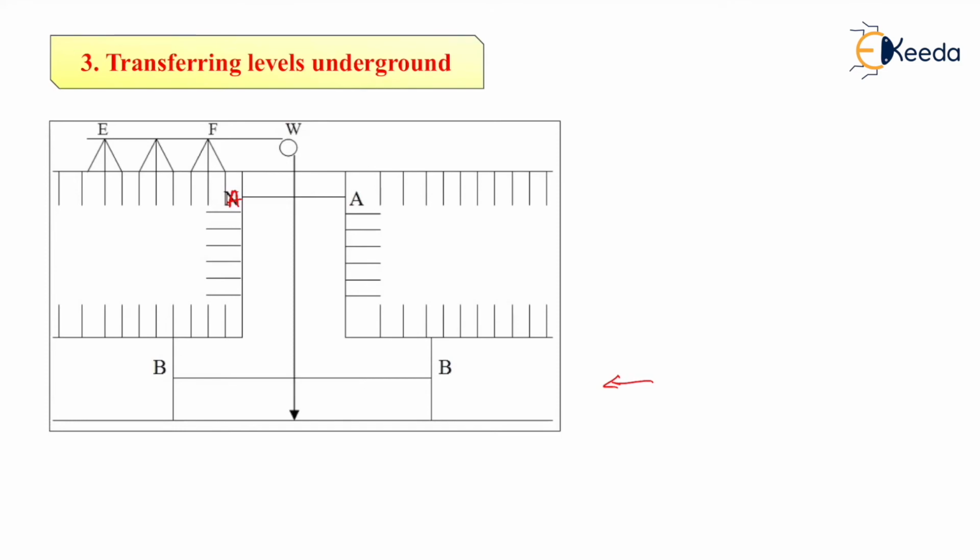The points of contact are marked on the steel wire by a piece of chalk or some other marker. The wire is withdrawn from the shaft and stretched on the ground. The distance between the two marks on the wire is measured using a measuring tape, and this gives the level of the bottom of the shaft.